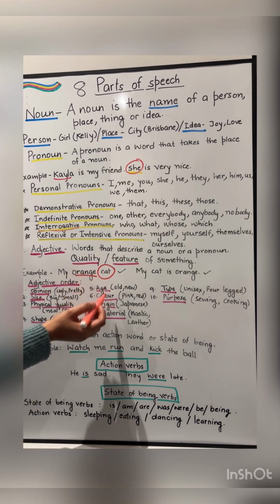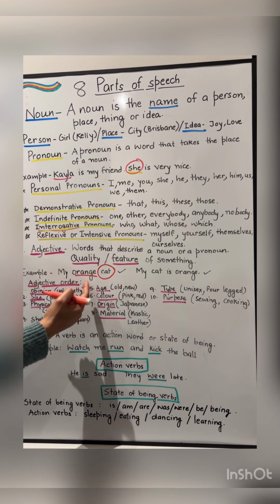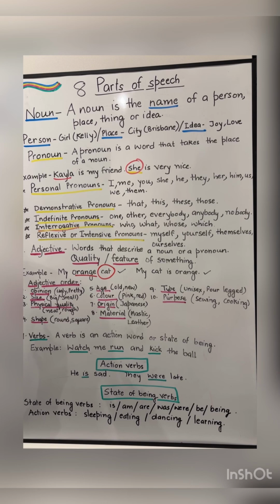So cat, which is your noun, we are telling you that the cat is orange. We are talking about its feature, its color, or we can say a big cat, a small cat, furry cat, ferocious cat, again a quality. We can say a tall girl, short boy, beautiful girl. These are the qualities or the features.